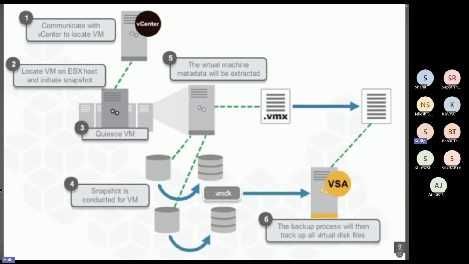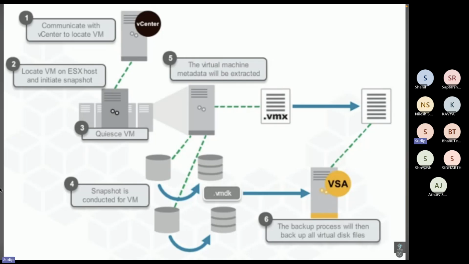Then it will start transferring bytes of data across multiple streams from the agent to the media agent. And then the media agent will do deduplication and write it to whatever your backup target is. Correct? Very similarly, when you are configuring backups for a virtual environment, similar stages are followed.